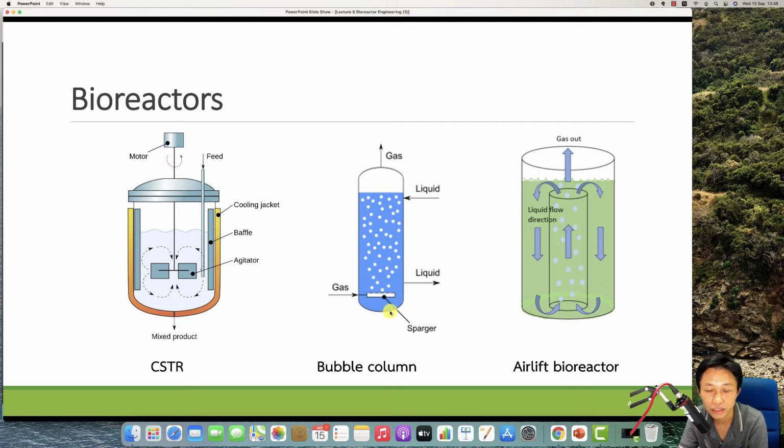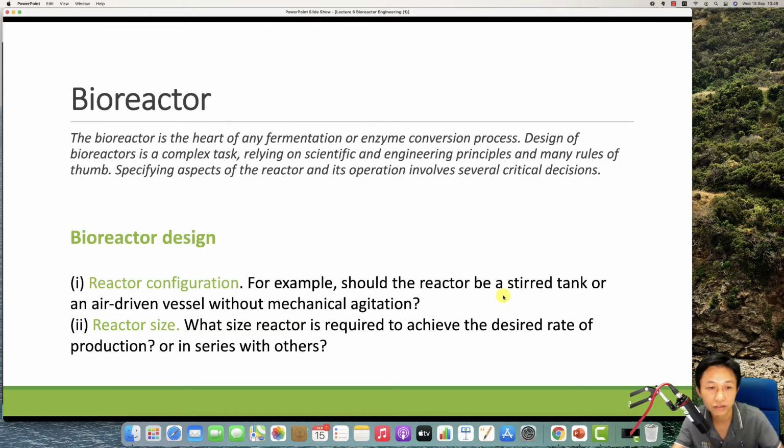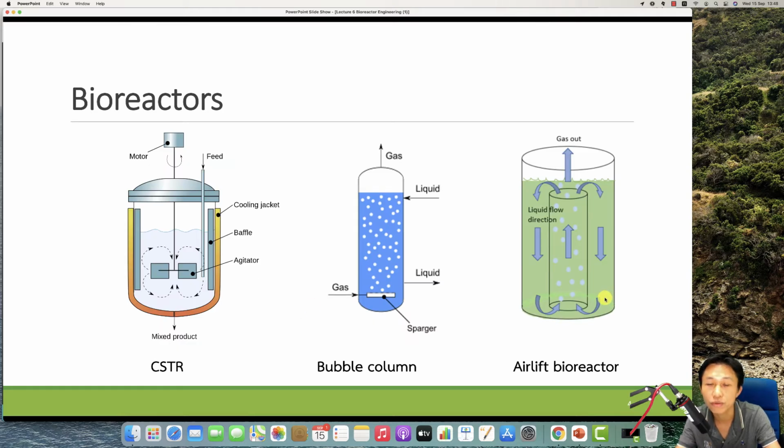But this one is air driven, so it has this configuration without mechanical parts, because sometimes we use this to get rid of the mechanical stirrer, since sometimes it introduces some contamination to our system.